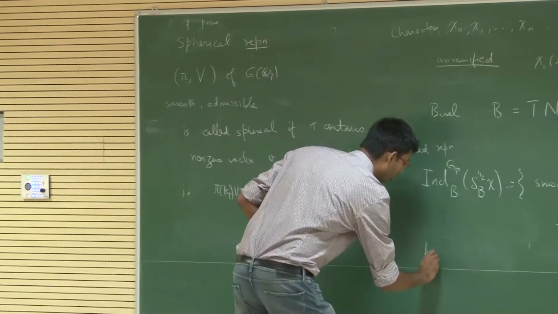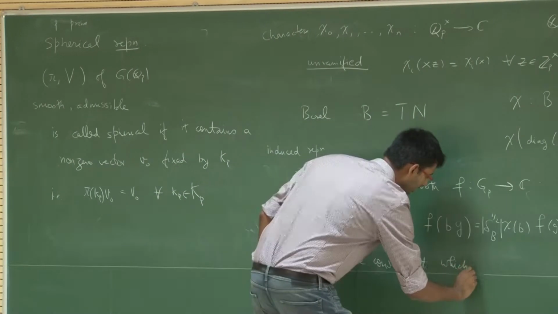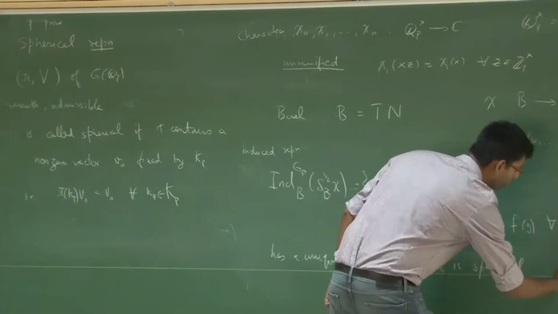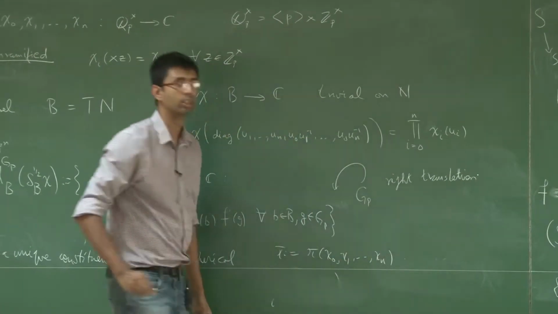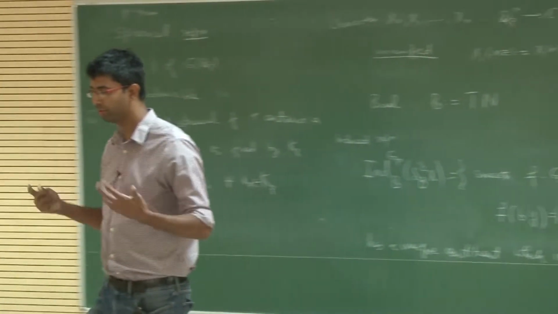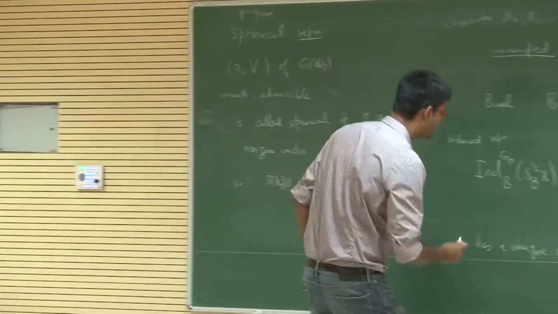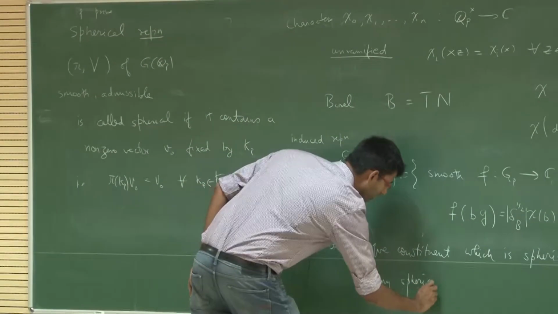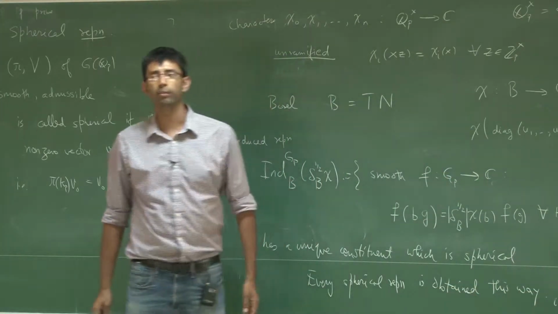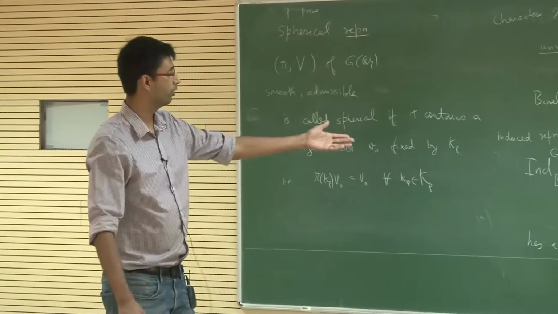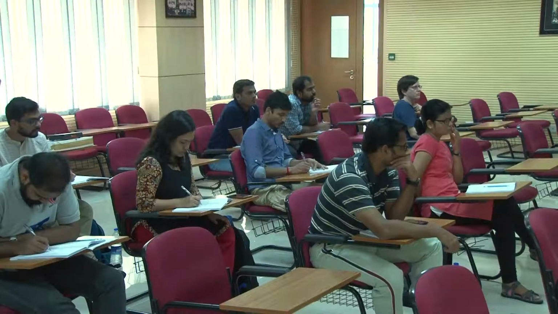So it has a unique constituent which is spherical, and we can denote this by pi equals pi(chi_0, chi_1, ..., chi_n). So this is how you can construct infinitely many spherical representations, and the fact is that every spherical representation is obtained this way. So when I said you know everything about these representations, at least the way it can be constructed is not a lie. So you know exactly how this looks like.